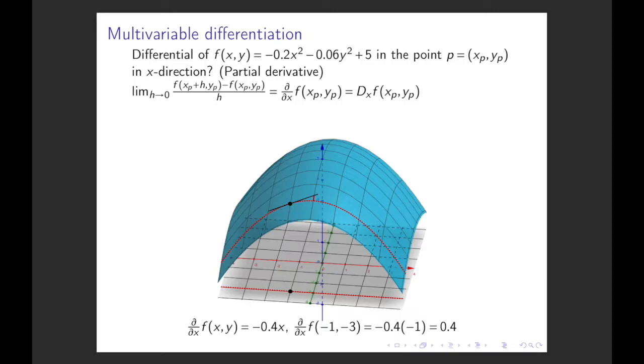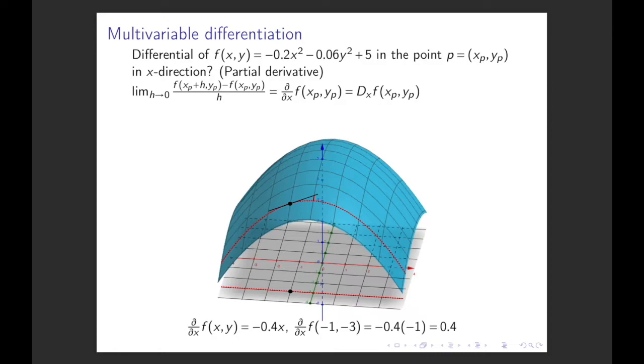The derivatives that we get if we restrict our function to only varying one of the variables, so here x or y, are called partial derivatives. And these are written with such a del, such a curly d. So here we write del divided by del x f of x_P y_P for the derivative in x direction, or a capital D_x for the direction, f in the point x_P y_P.